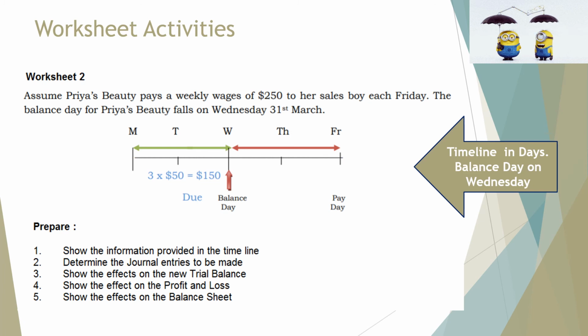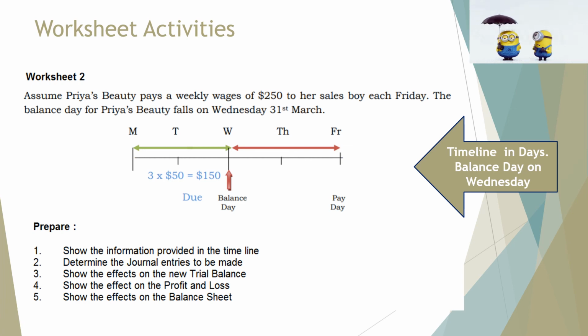But this boy has already worked for 3 days and he earns 150. We are not going to give the 150 today because payday is on Friday. So we have incurred some expenses that we have to pay, but we are going to pay later on Friday. So that 150 is wages due.